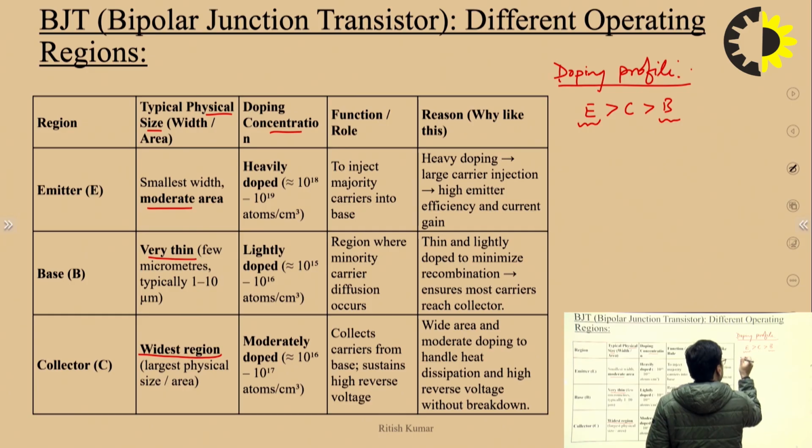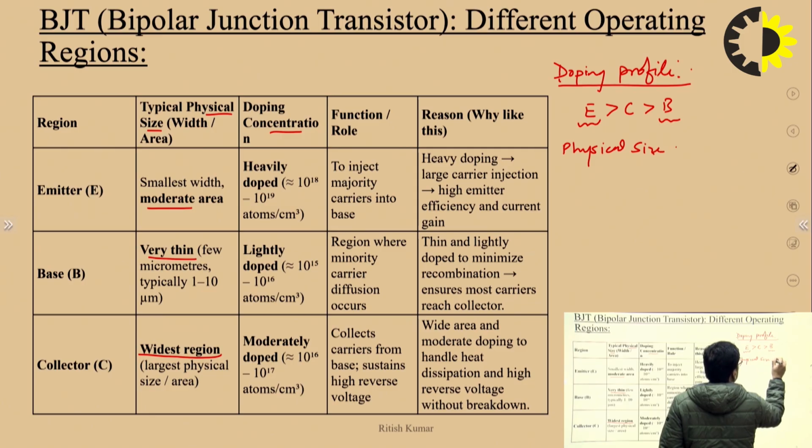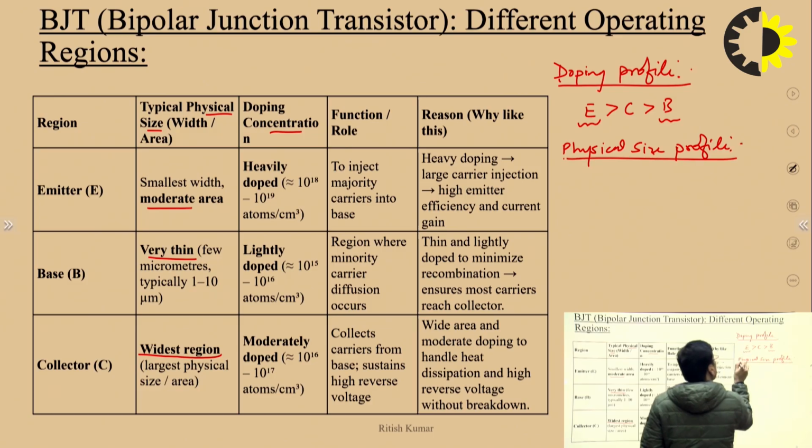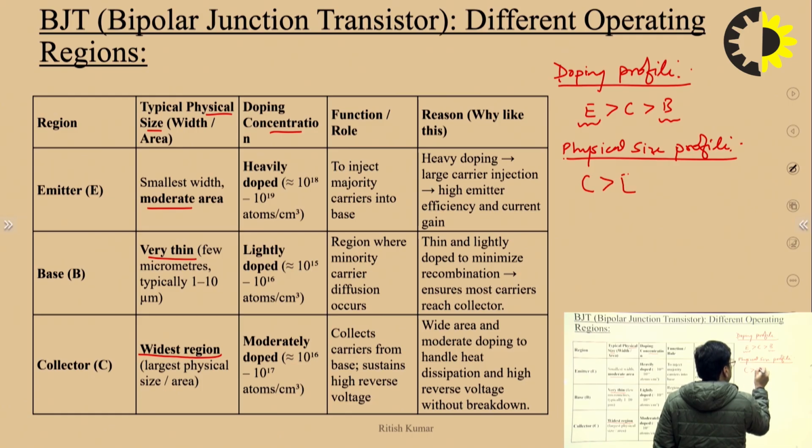If I write in terms of physical size profile, the order will be: collector is the largest in size, then emitter, then base is the narrowest one.